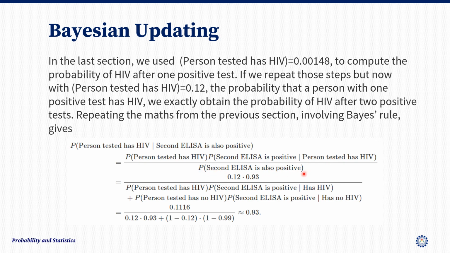This is equal to the probability that the person tested has HIV multiplied by the probability that the second ELISA is positive given HIV, plus the probability that the person tested has no HIV multiplied by the probability that the second ELISA is positive given no HIV. With the values from the previous example, it's 0.12 multiplied by 0.93, plus 1 minus 0.12 multiplied by 1 minus 0.99. If we compute that, we will get 0.93.